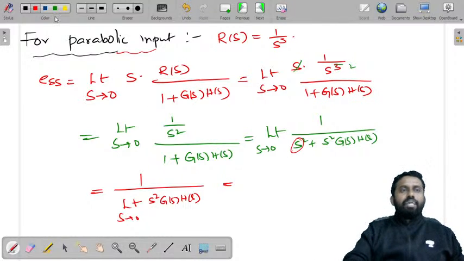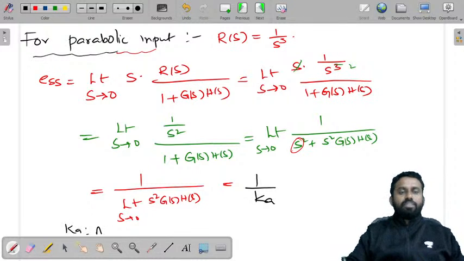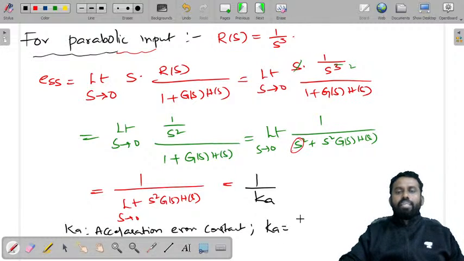So this is written as 1 by ka, where ka is called acceleration error constant, and ka is equal to limit s tends to 0 of s square into g of s into h of s.